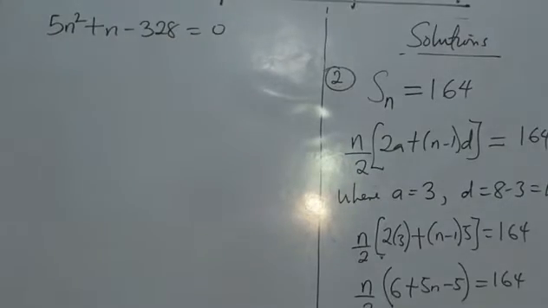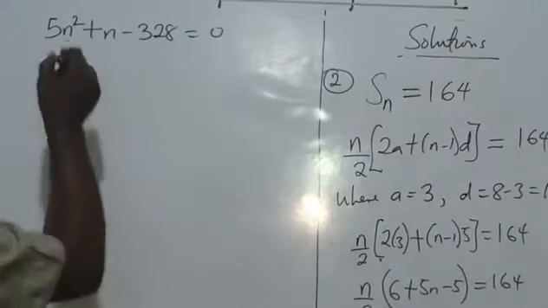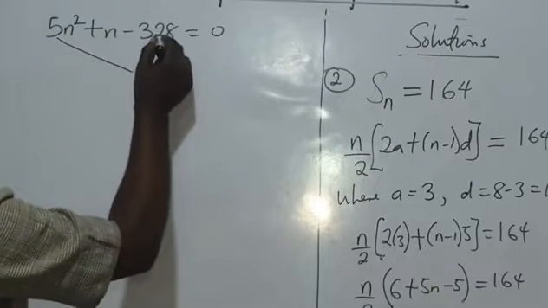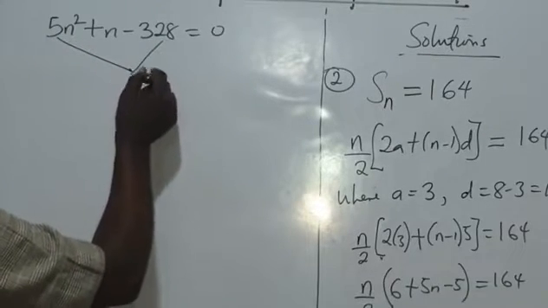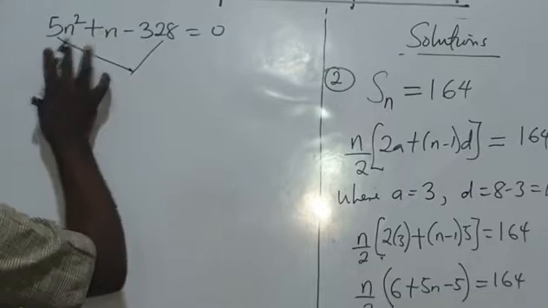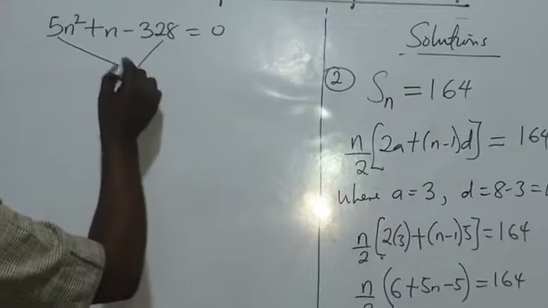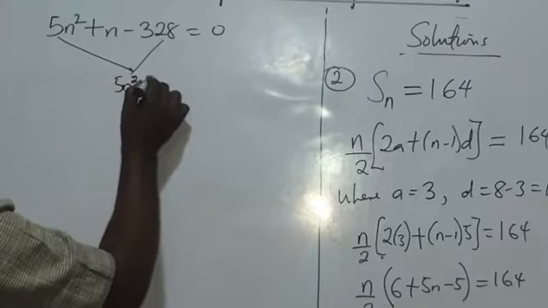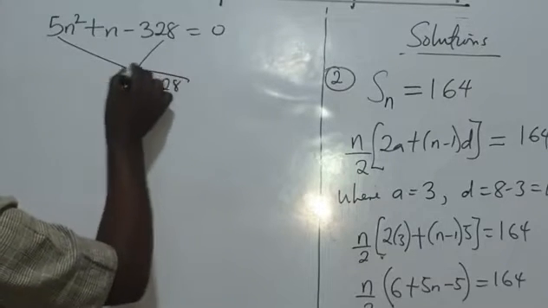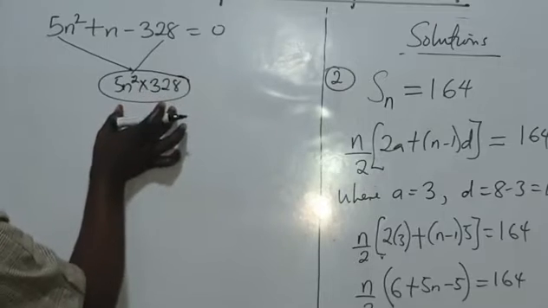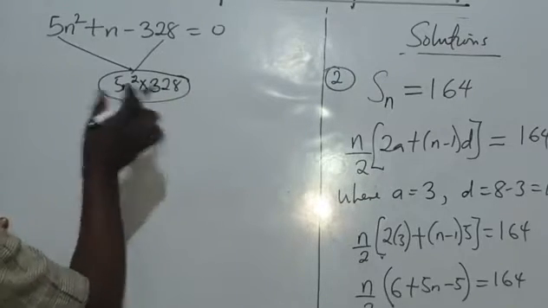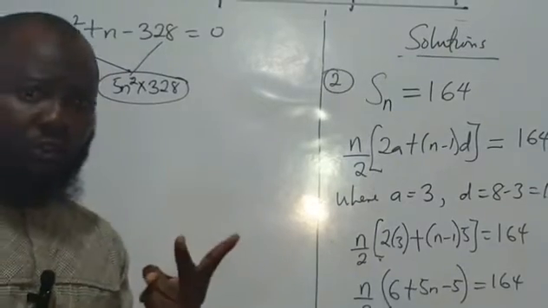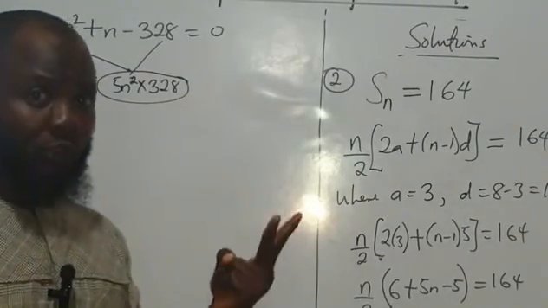So the first thing we're going to do when you are using the factorization method is that you multiply this and this together, right? The product of this and this, that is 5n squared multiplied by 328. When you find the product, you must be able to get two factors.